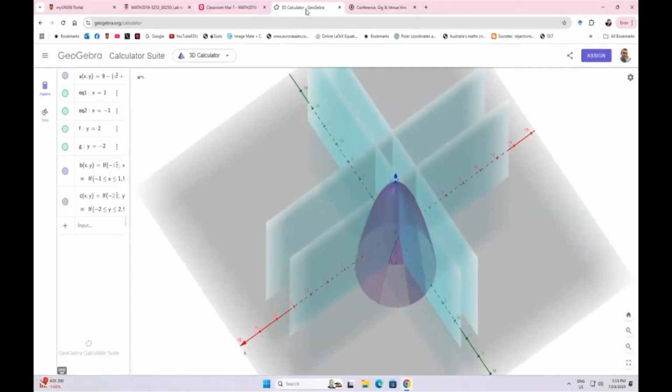Shells, cylindrical shells, volumes of revolution. Gabriel's horn. Yep. So that's you've got a curve and then you rotate it around the x-axis. Yeah, that's in first year, 1131 or 1141. I think 1131.